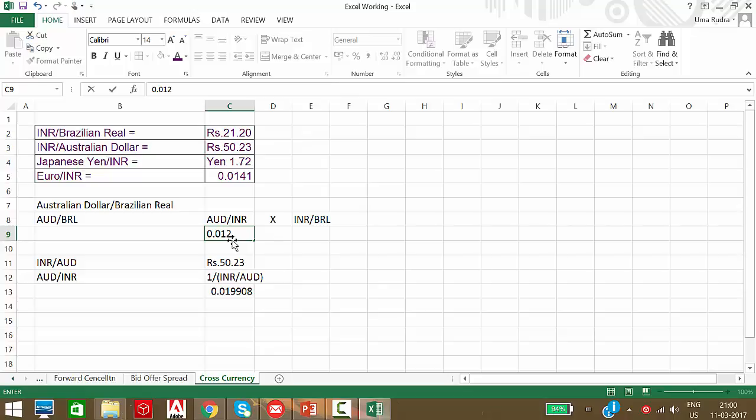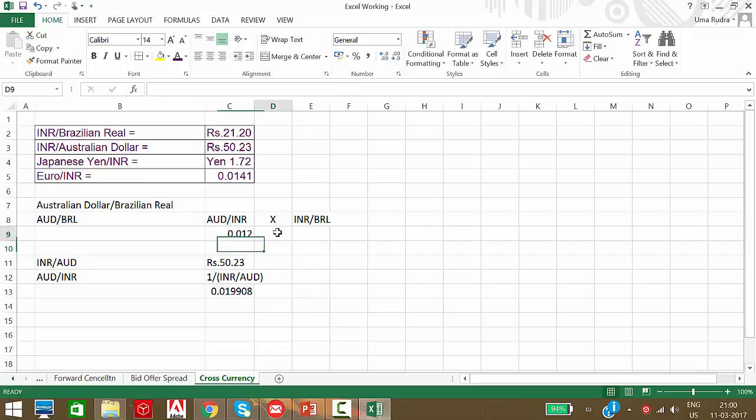What is this? 0.012 Australian dollar per unit of Indian rupee.